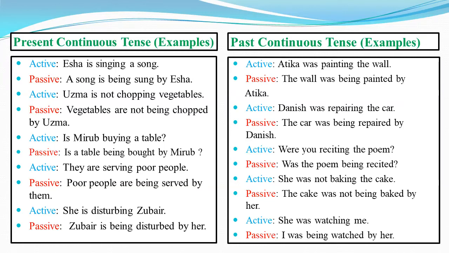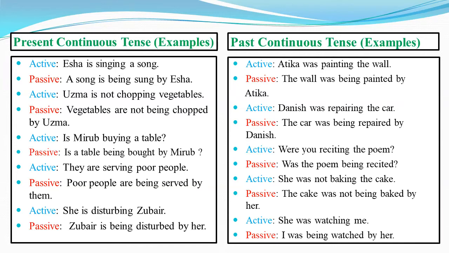Okay, another sentence, active is: Danish was repairing the car, and the passive is: The car was being repaired by Danish. Here is an interrogative sentence. Active is: Were you reciting the poem? And the passive is: Was the poem being recited by you? You can write by you here.